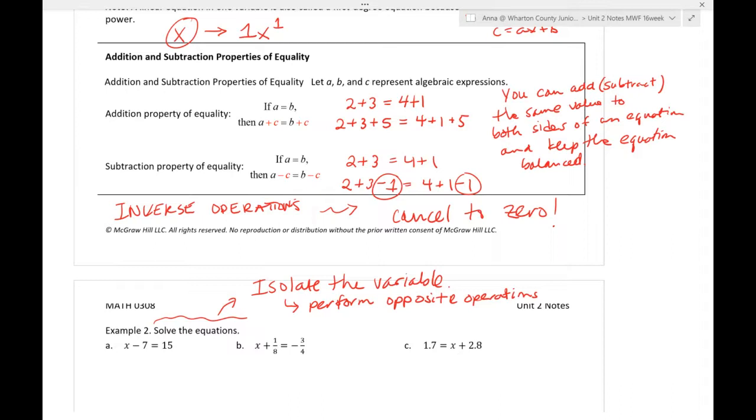And we'll see that this also will work with multiplication and division. And you need to keep the equation balanced, meaning that whatever you do on the side with the variable, you have to do the same thing to the other side so that it will stay balanced.